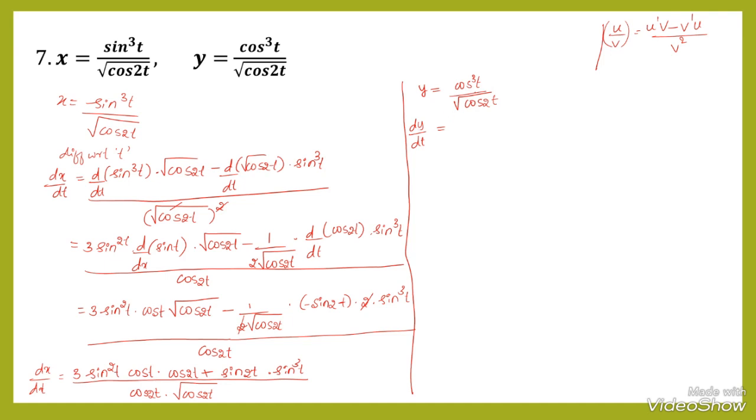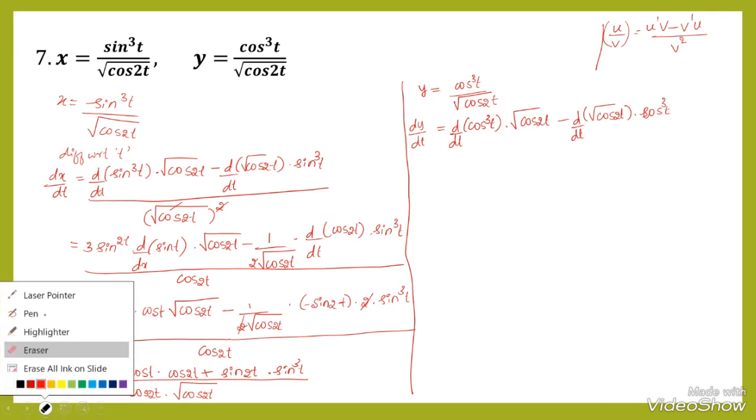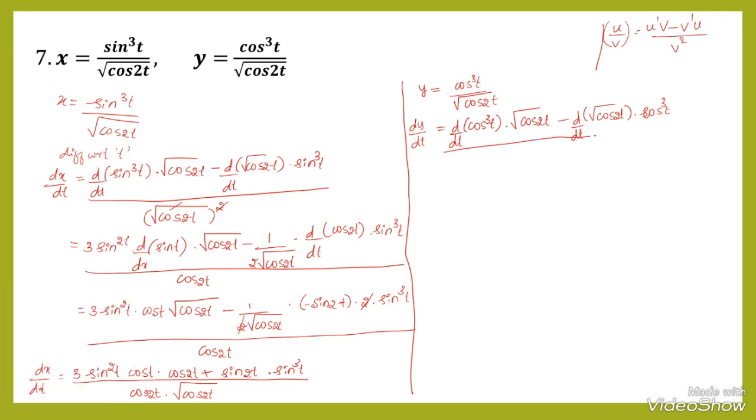For dy by dt, I have to differentiate the first function: d by dt of cos cube t into root of cos 2t, minus d by dt of root of cos 2t into cos cube t, whole divided by root of cos 2t whole square.